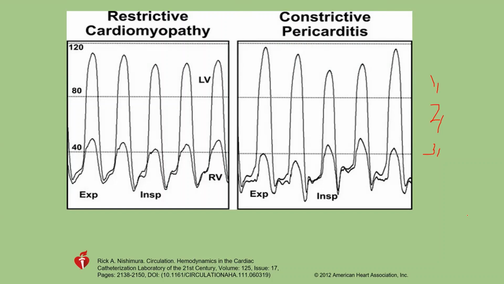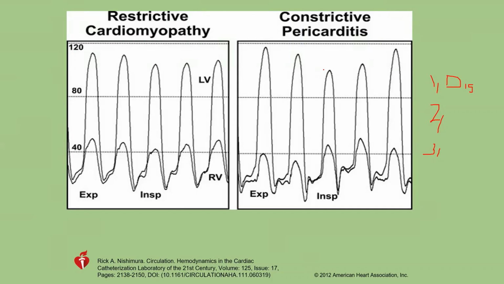The pressure changes with inspiration and expiration between the LV and RV. Exactly. And here in the invasive hemodynamics, we call it concordance and discordance. Discordance means enhanced interventricular interdependence. Meaning when one ventricle goes high, the other goes low. That is the enhanced interventricular interdependence.